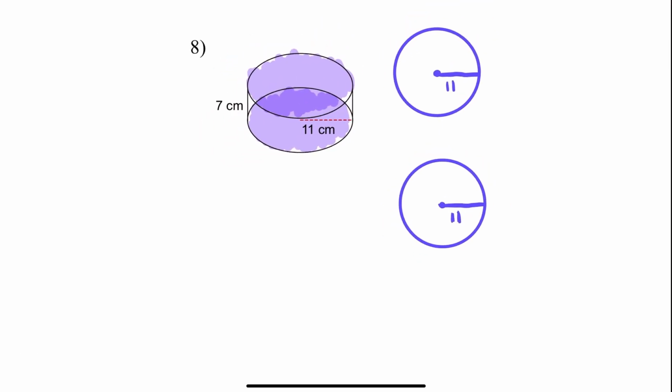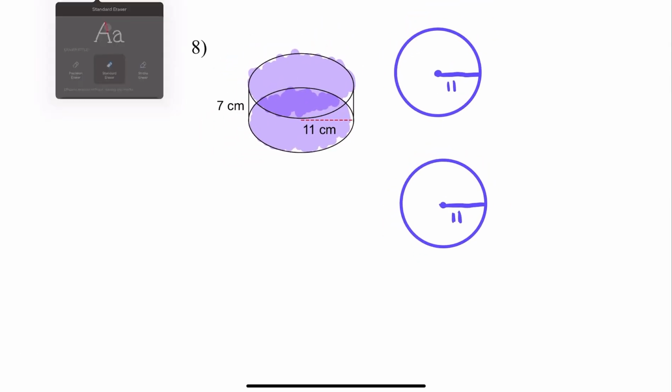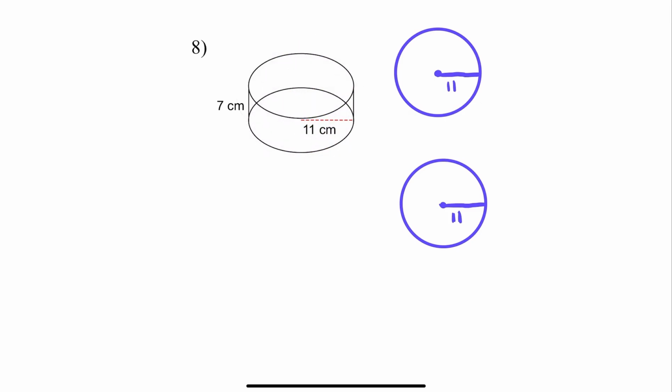And so I'll use a different color. I guess I'll erase this, and maybe I'll use green. So what I'm talking about is, notice that I'm not going to highlight the inside of the circles. What I'm talking about is the edge, the sides of this entire thing.